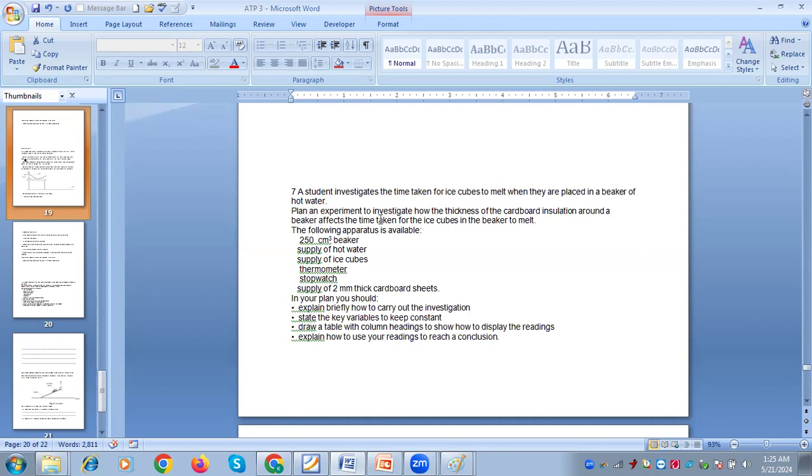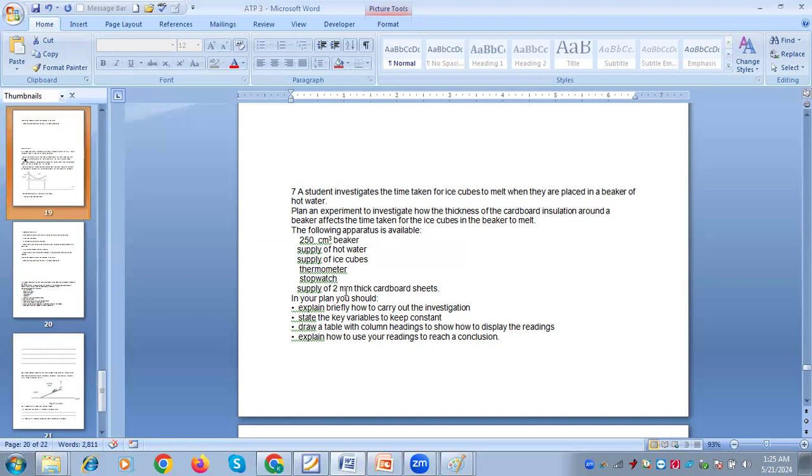Okay, plan an experiment to investigate how the thickness of the cardboard insulation around the beaker affects the time taken for the ice cubes in the beaker to melt. Okay, the following apparatus is available. The quantity of water here, the supply of hot water, supply of ice cubes, thermometer, stopwatch. Okay, stopwatch is for recording the time.